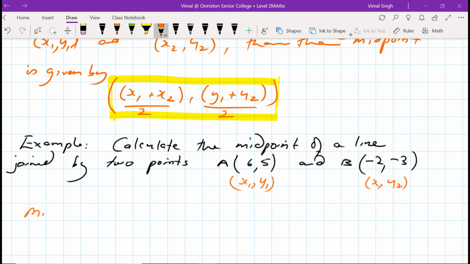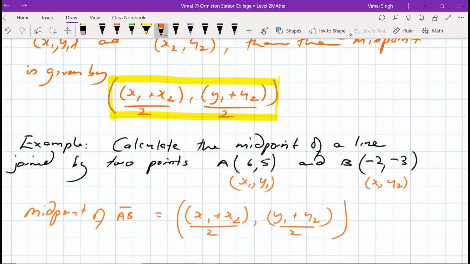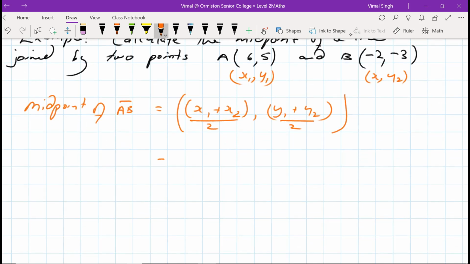So the midpoint of line AB is equal to x1 plus x2 divided by 2, y1 plus y2 divided by 2. So I'm going to substitute those values.